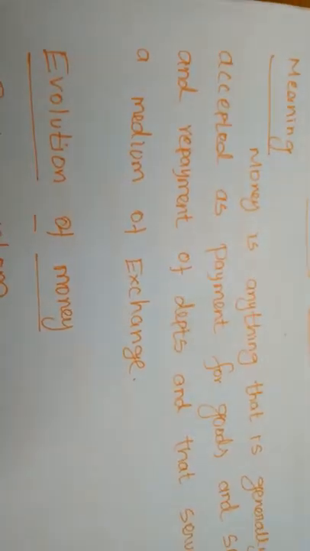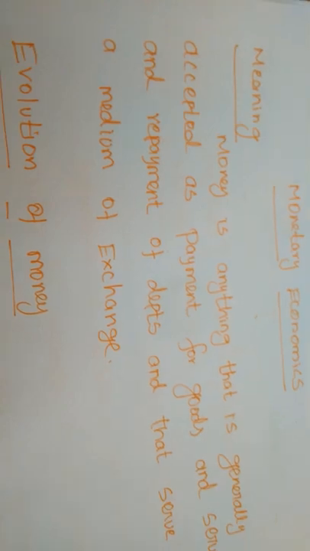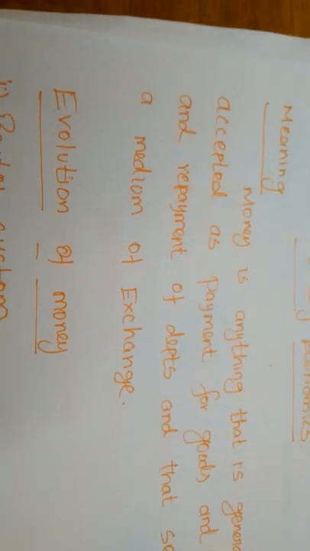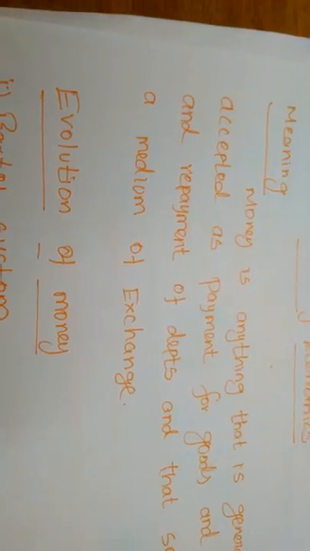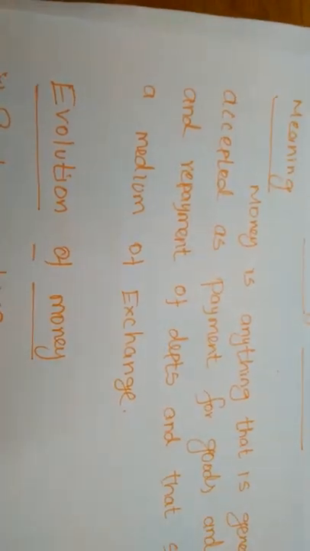Another definition is given by Crowther. Crowther defines money as anything that is generally acceptable as a means of exchange and at the same time acts as a measure and store of value.